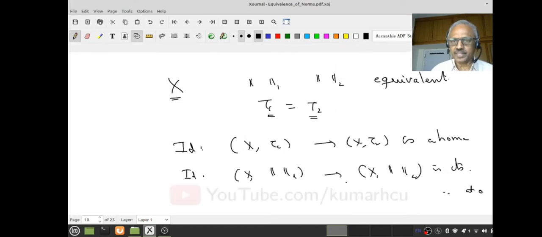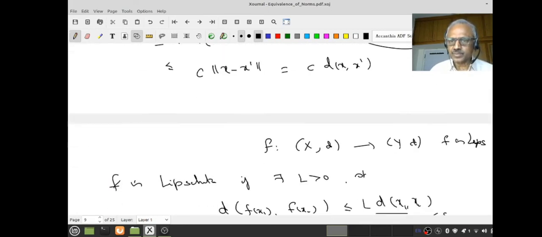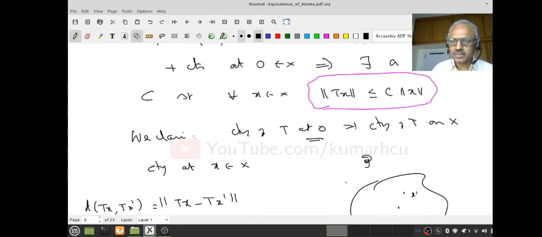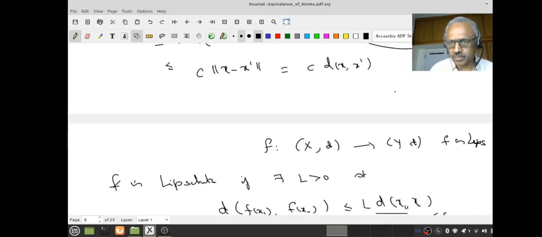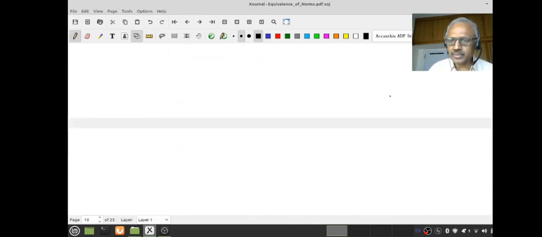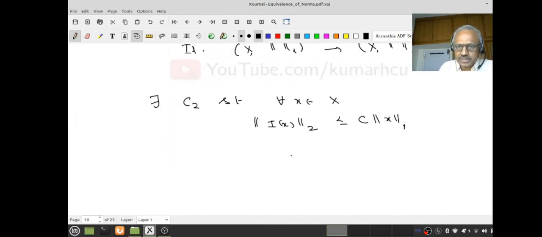Remember, this norm is in the codomain space, and this norm is in the domain space. Therefore this is nothing other than the norm of x, second norm, less than or equal to c2 times the first norm of x. Have you understood that?